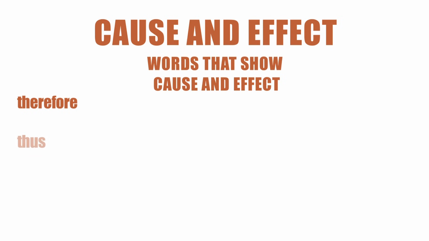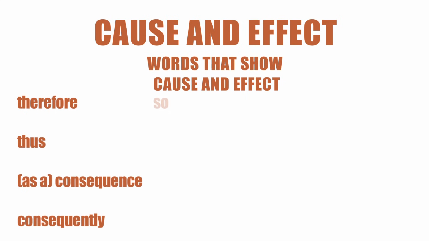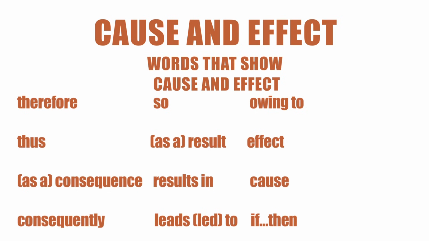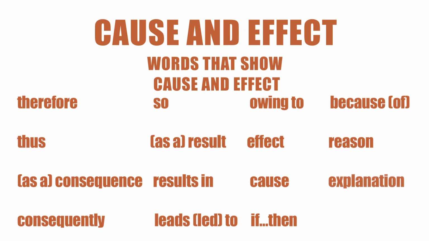Therefore, thus, consequence or as a consequence, consequently, so, result or as a result, results in, leads to or led to, owing to, effect, cause, if, then, because or because of, reason, explanation, accordingly.